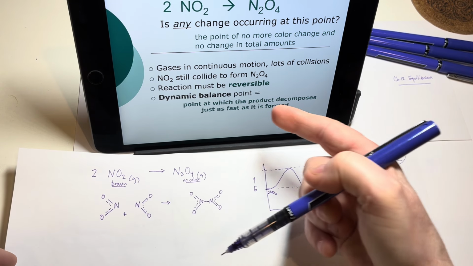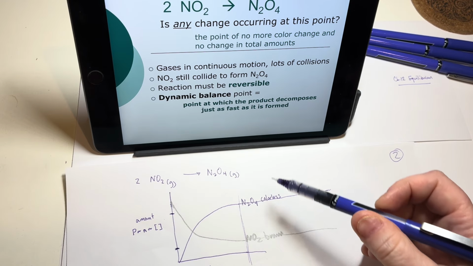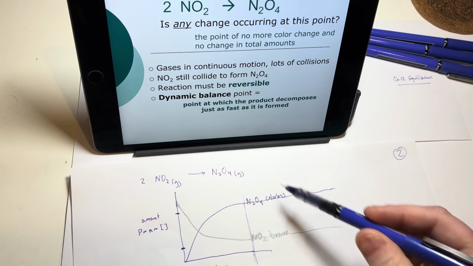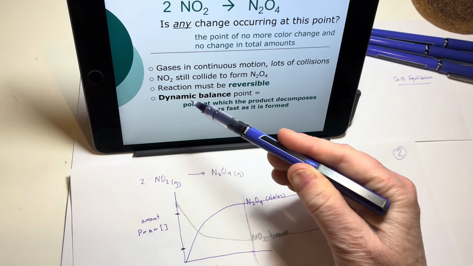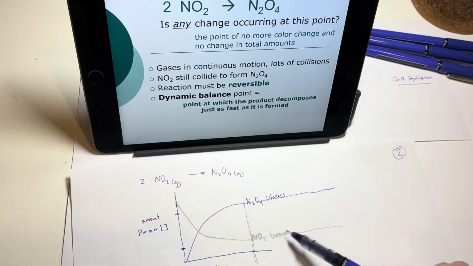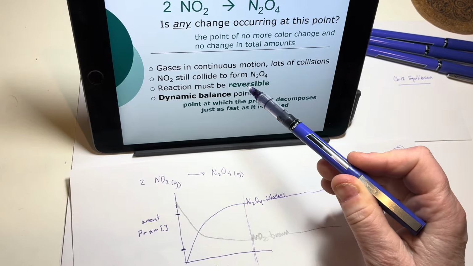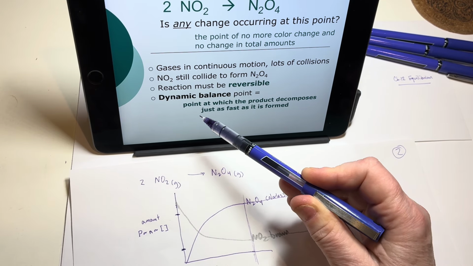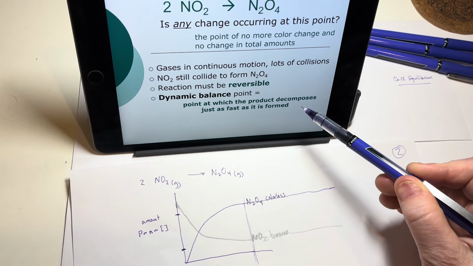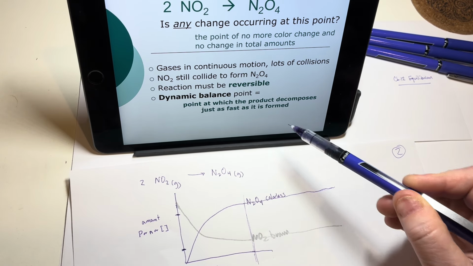It has to be. And not only that, but when these amounts level off, at this point in time, it's ongoing collisions. There's some dynamics going on, some change, but yet no change in the total amount. So it has to be that because this is a reversible reaction, the point at which the product decomposes is happening just as fast as the product is formed.